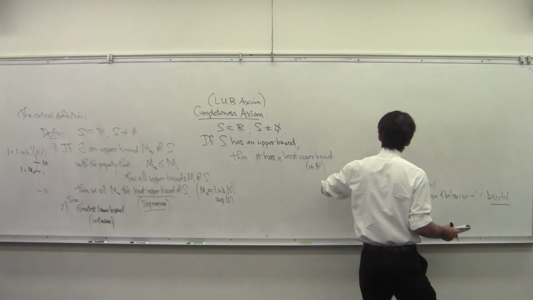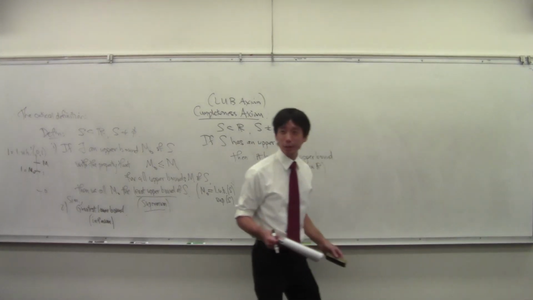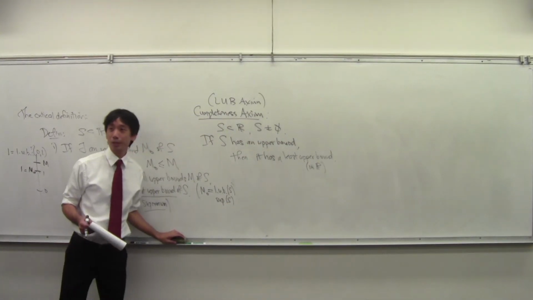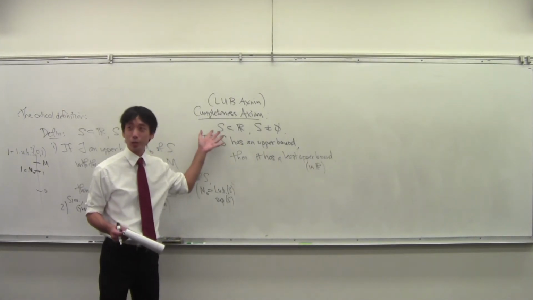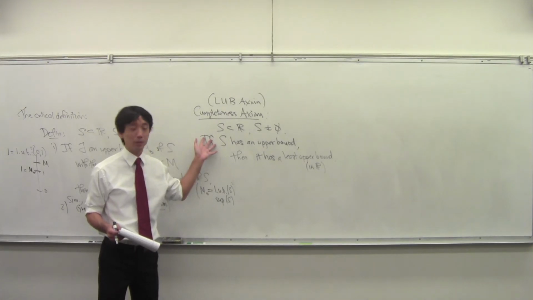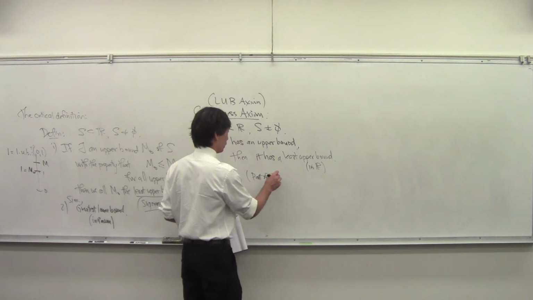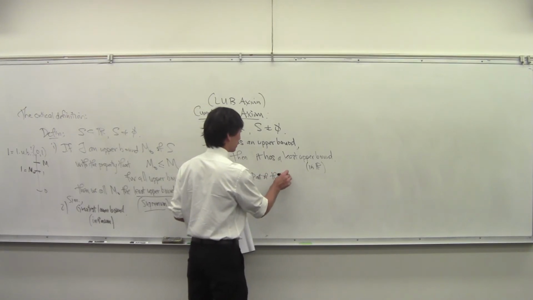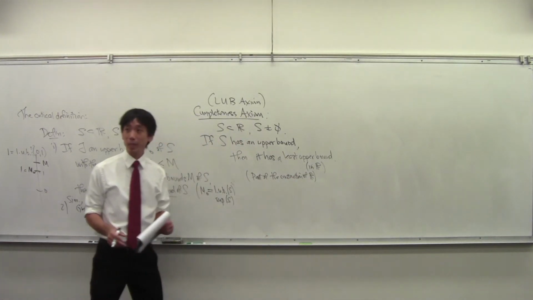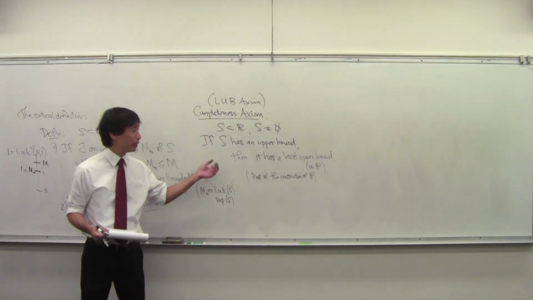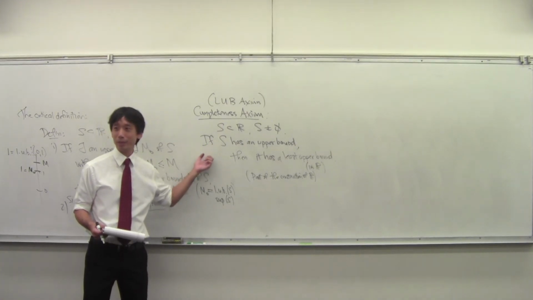Okay, and so this is not a theorem. You notice this isn't a theorem. We don't have to prove it. This is part of the construction of R. You basically make R to be a field that contains the rational numbers and has the least upper bound property.